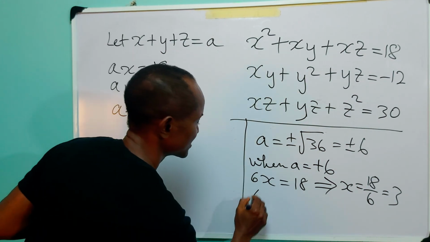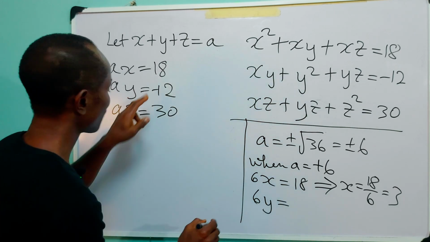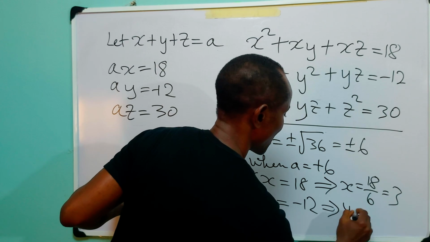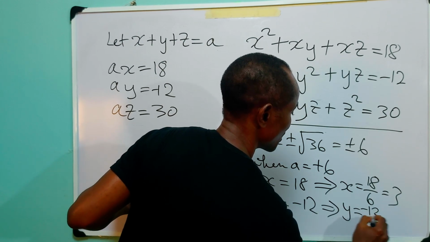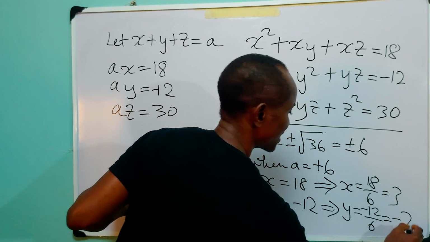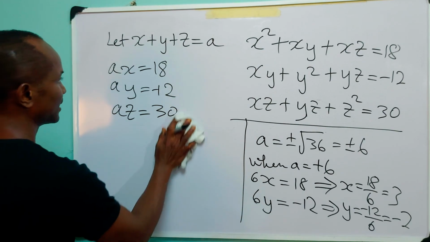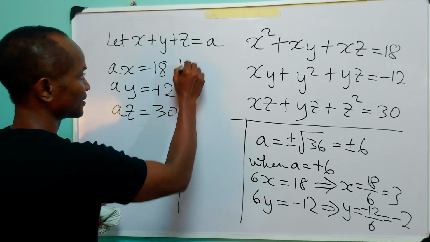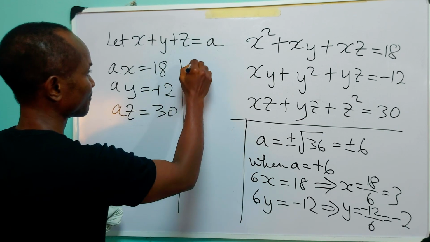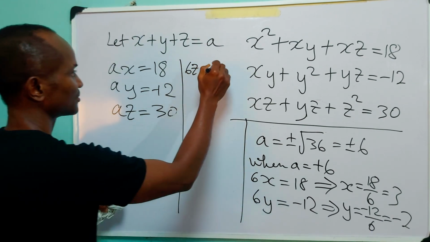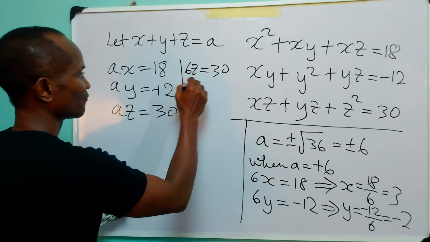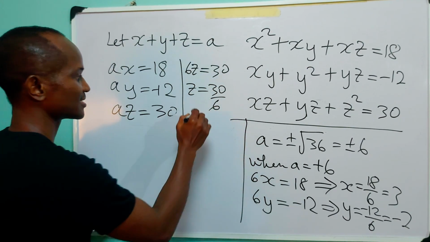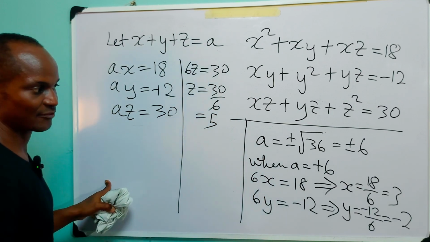We have that 6y is equal to minus 12, from where y is equal to minus 12 over 6, which is equal to minus 2. And we have that 6z is equal to 30, from where z is equal to 30 over 6, which is equal to 5.